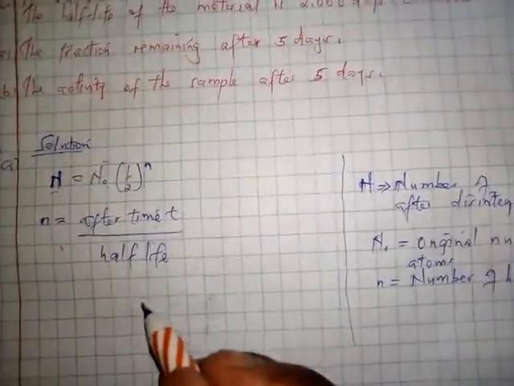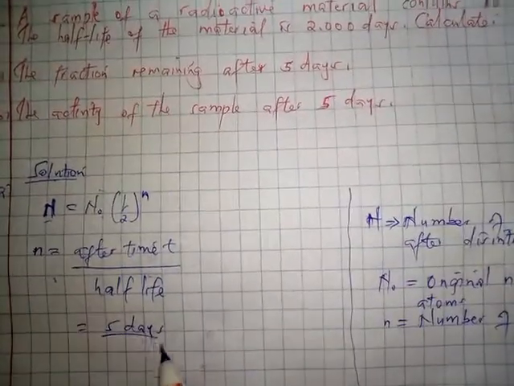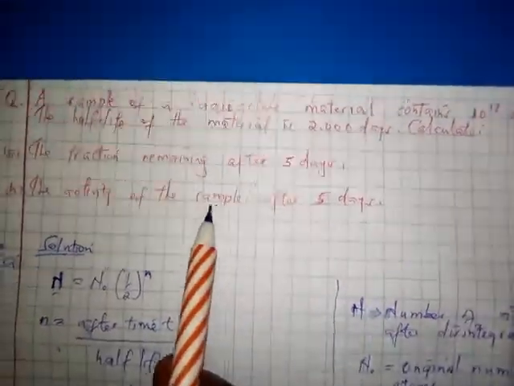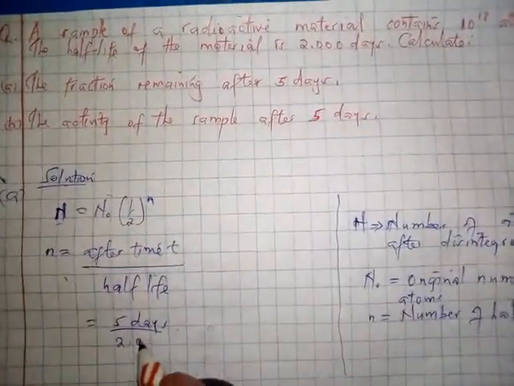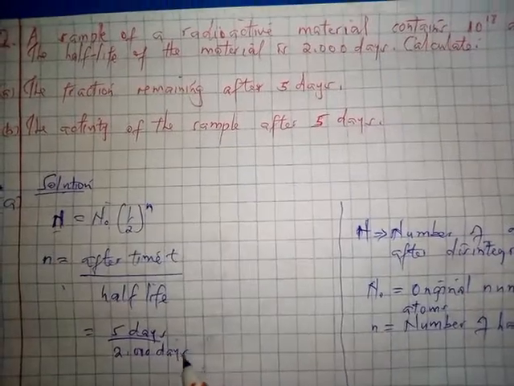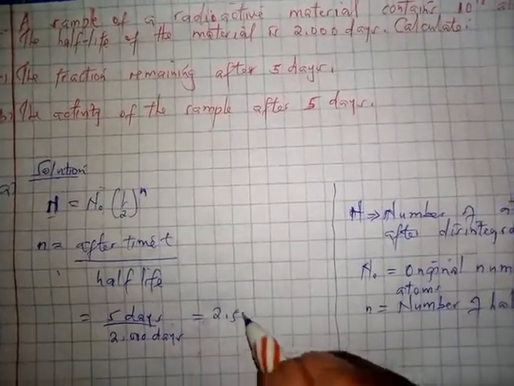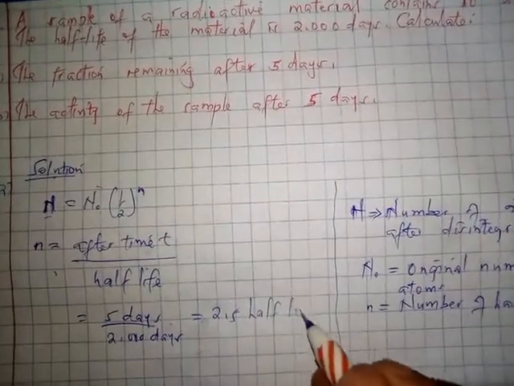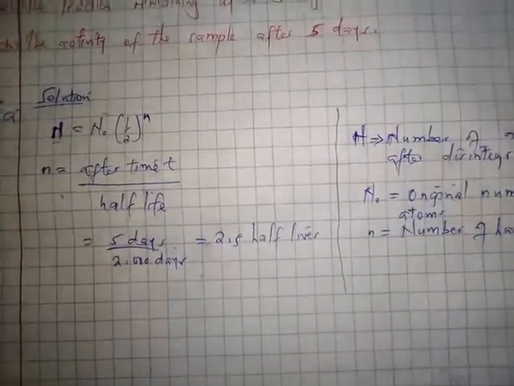We have 5 days, the half-life is 2.000 days, and we have n as 2.5 half-lives.